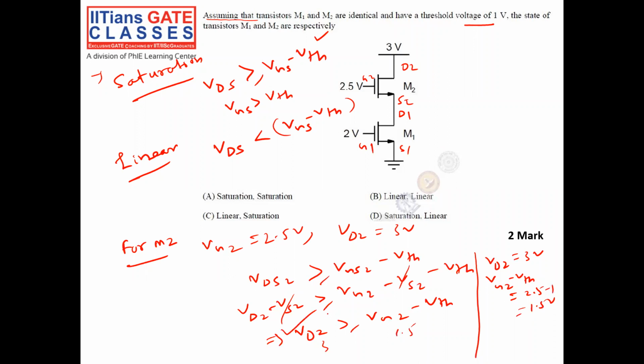The condition is satisfied, right? So I can say undoubtedly my M2 will be in saturation, because VD2 is greater than VG2 minus VTH. So M2 is in saturation.